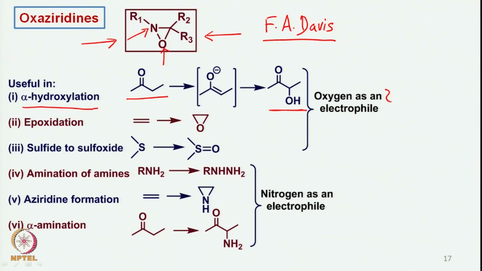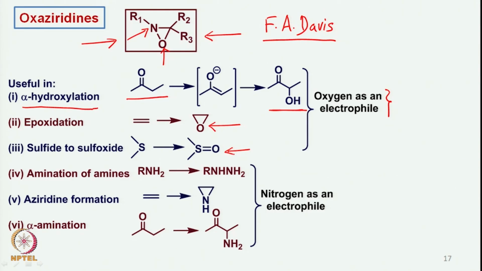So, these examples which are shown here illustrate that oxygen acts like an electrophile. So, alpha hydroxylation is one product. Olefin can react with the oxaziridine to form the corresponding epoxide. It can also oxidize a sulfide to sulfoxide by transfer of oxygen. So, these three examples are basically of oxygen transfer.